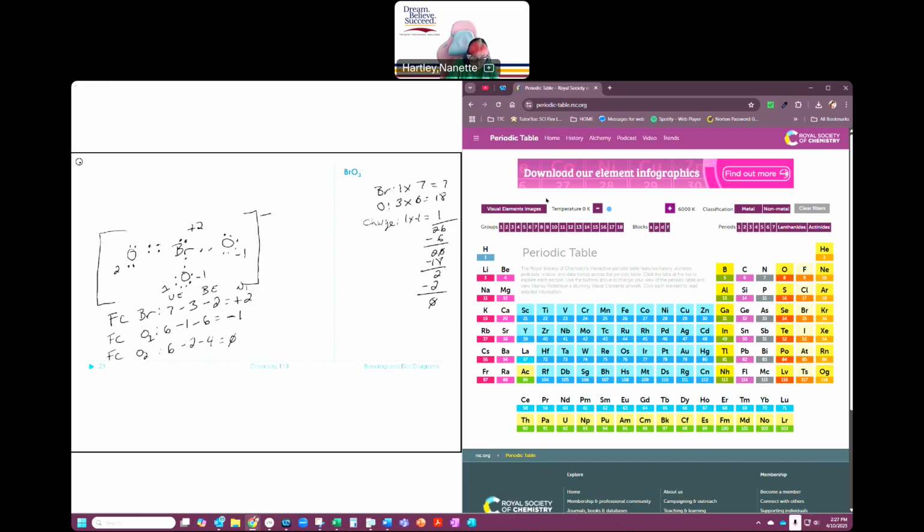But that bromine in the middle looks completely different than it did. It has the 7 that it wants, but it now has half of the bonding electrons, so 1, 2, 3, 4, and then its lone pair is minus 2. So it now has a plus 1 charge. And so now we've changed it so that we're looking at less overall charge.